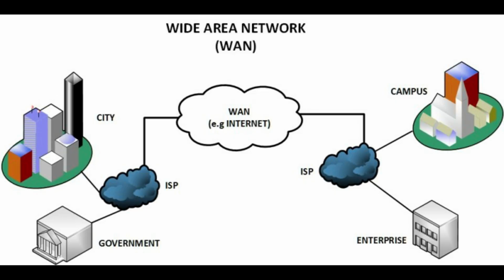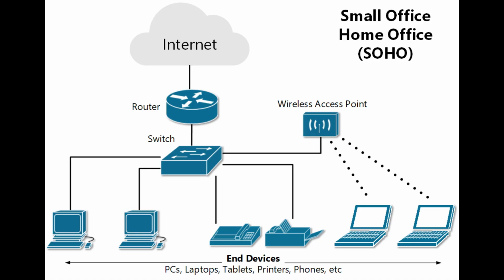The small office, home office is the SOHO networking topology. SOHO networking topology is generally used for small offices or home offices. For your reference: laptop and router, internet and access point, switch and desktop.